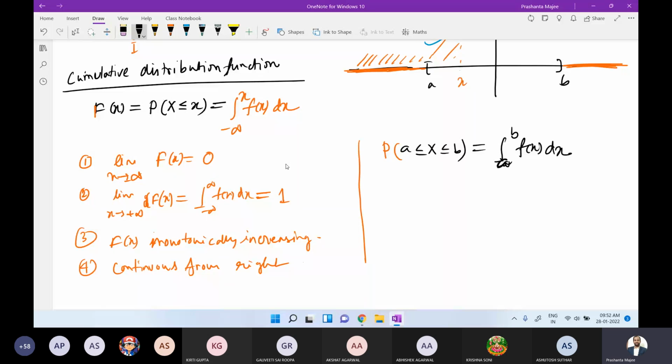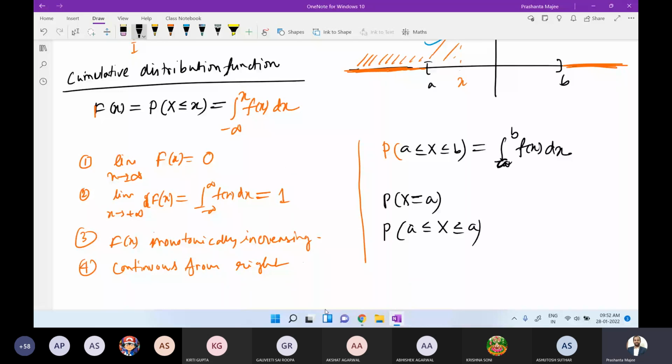And what will be the probability at a single point? What is the probability that the random variable x assumes the value a? We can write x equals a as a less than or equal to x less than or equal to a.